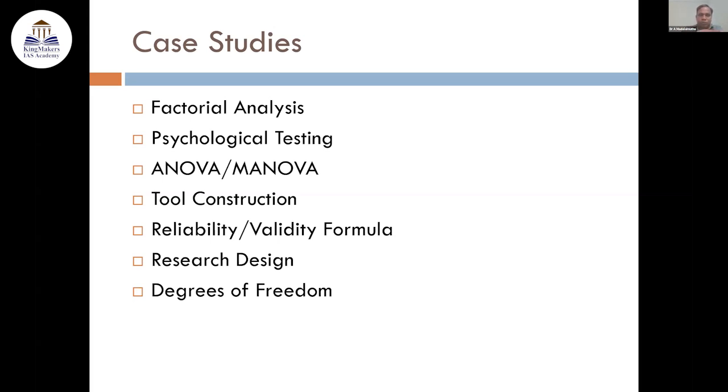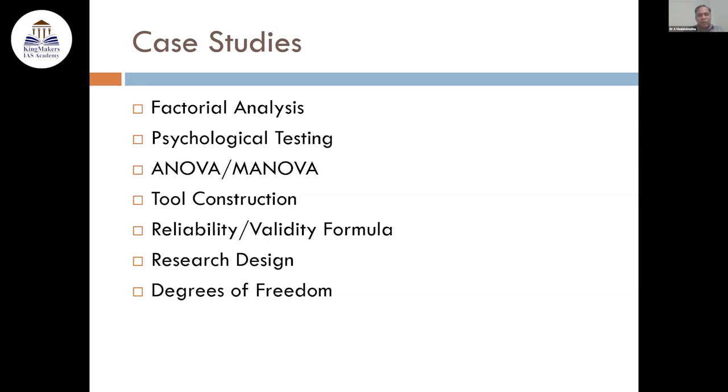From 2012 to 2018, till they computerized the exam, in the June cycle they would ask a case study related to ANOVA, and in December related to factor analysis. Sometimes, if there is a re-exam for some reason, they may change it, but more or less it was fixed. Earlier, we were able to predict: last time they asked this case study, this time they will ask that.